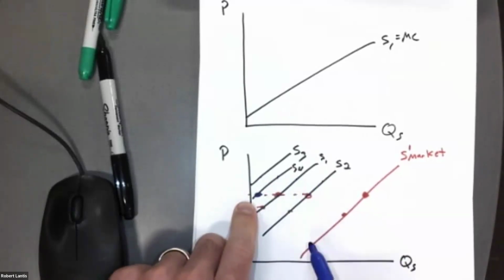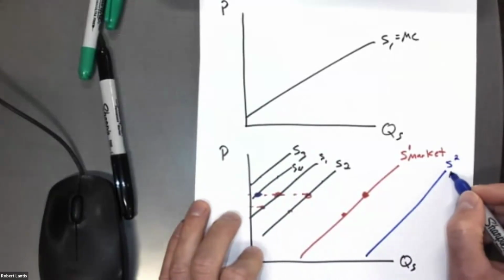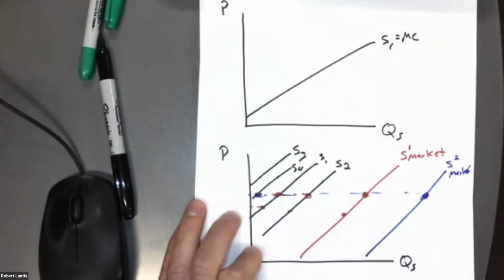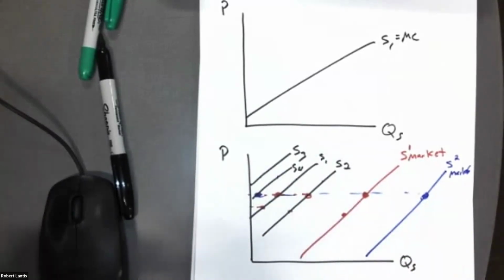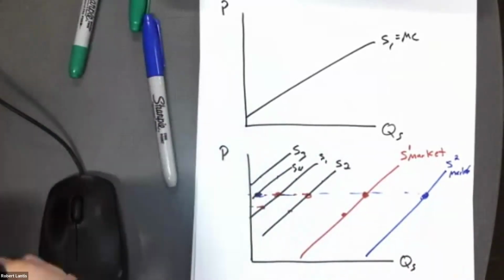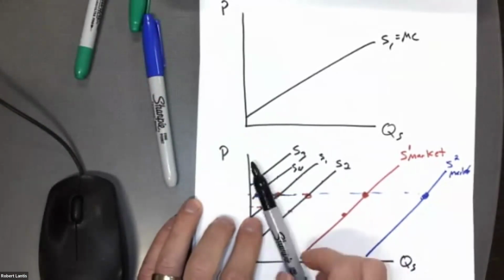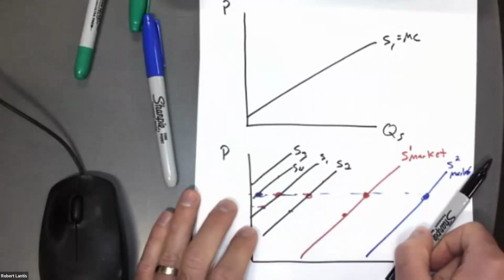So my market supply is going to be at an even higher quantity supplied. When I have more individuals in my market, we said for consumers that would increase demand. Same thing here. When I have more suppliers of a good, I'm going to have more supply curves to add up, so my market supply is going to be higher.